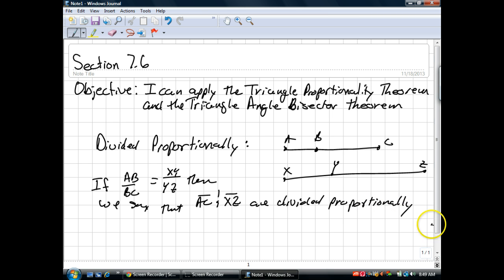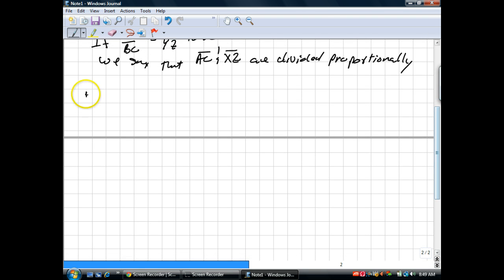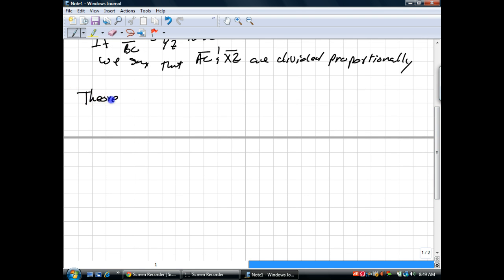Okay, and that brings us to our first theorem, and it is the triangle proportionality theorem.